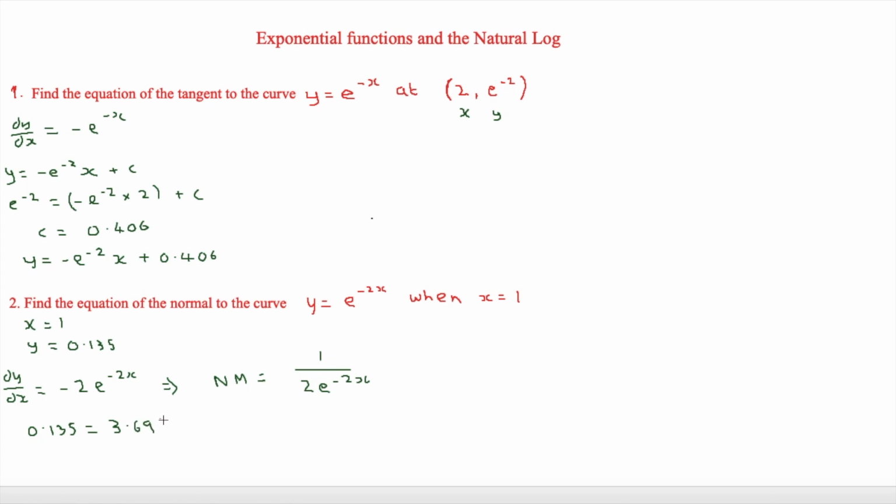And this is times by 1, so you don't need to do anything with that, plus c. So again, then do 0.135 minus 3.695, and you can find out that c is equal to minus 3.559. So now that we have that, we can just sub it back into the final equation.